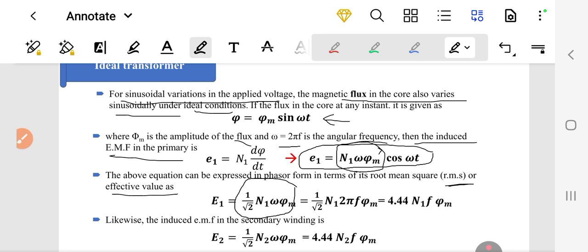We obtain 1 over root 2 times N1 omega, and we substitute omega by 2 pi f times phi maximum. 2 pi over root 2 equals 4.44, so E1 equals 4.44 times N1 times frequency times phi maximum. This is the general equation for the RMS value of the voltage E1.